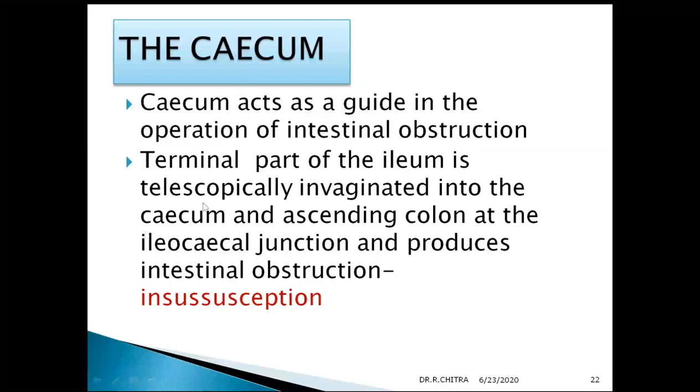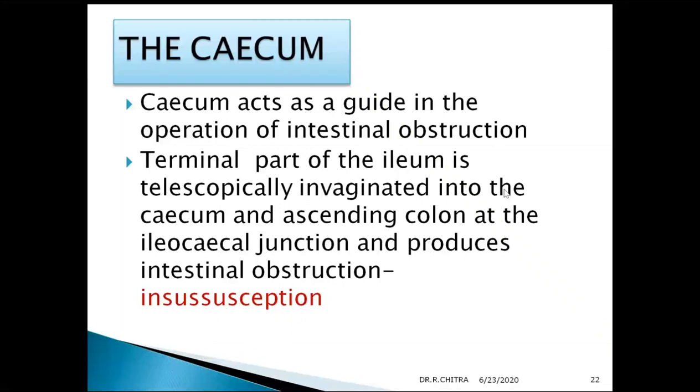In those cases, if you open and see, the cecum will be the guide to understand this in the surgery of intestinal obstruction. So we have learned in detail the cecum: situation, shape, relations, blood supply, lymphatic drainage, nerve supply, and also the interior of the cecum, and the importance of the cecum in cases of intestinal obstruction.